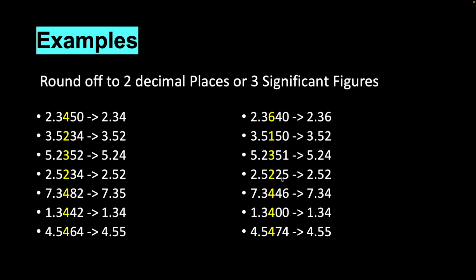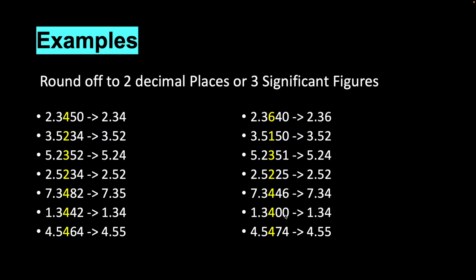Now 2.5225. Here after the cutoff digit the number is less than 5, it means that the cutoff digit will be left as it is, so 2.5225 will be converted to 2.52. Now after that 7.3446. Here after the cutoff digit 4, we have got 4, that is less than 5, so it would be 7.34. Now 1.3400.